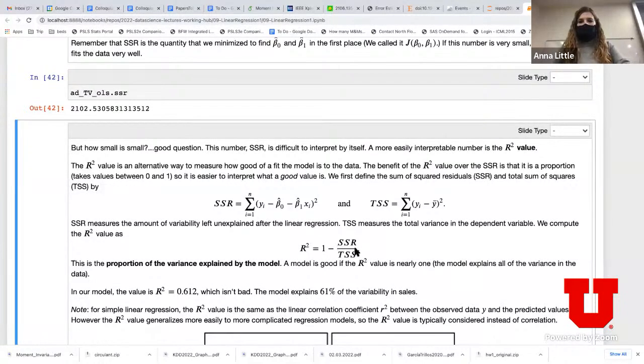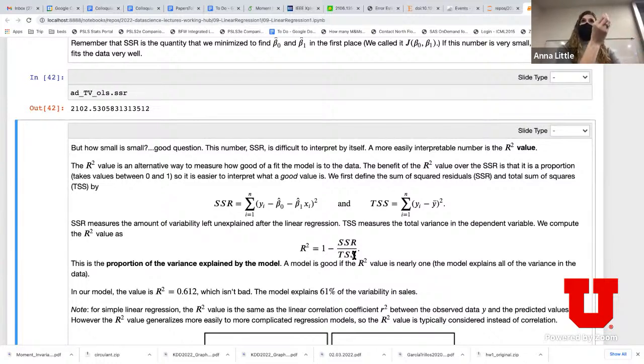So if we take this fraction, we're looking at the variance that is not described by the linear model divided by the total variance, and then we flip it around. So we get the percent of the variance that the model accounts for.